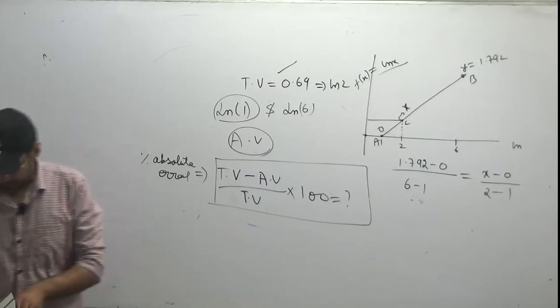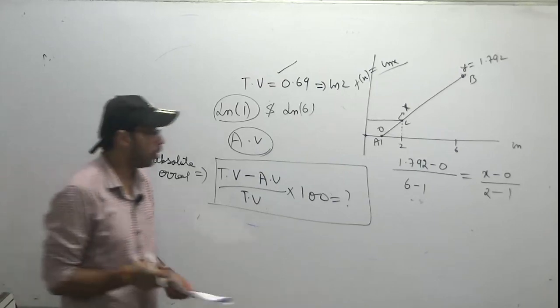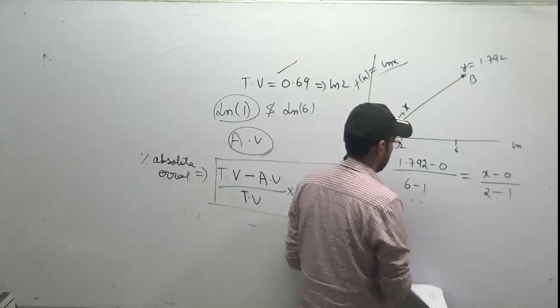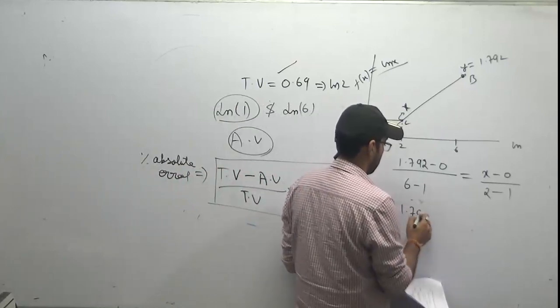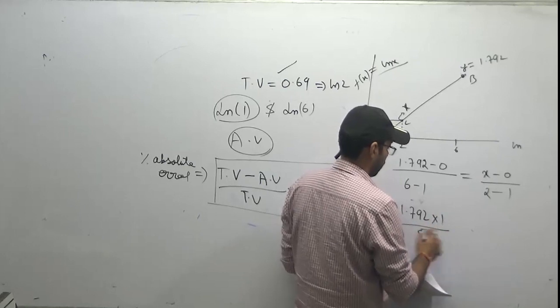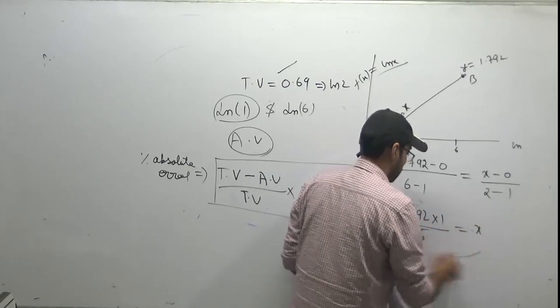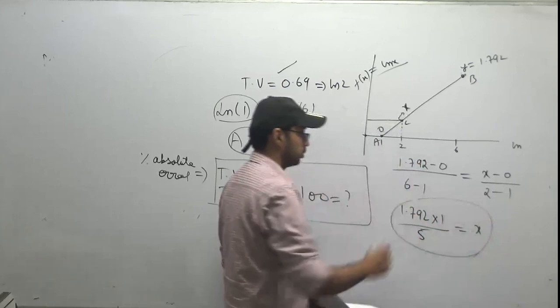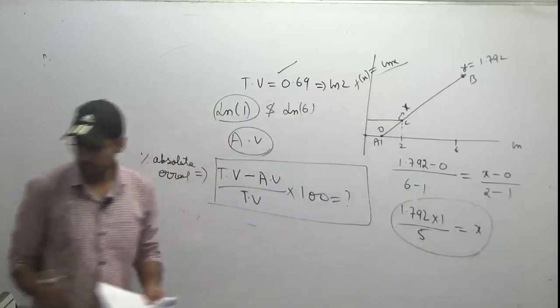Now, from here we can say 1.792 into 1 divided by 5 is equal to x. You get the value of x.